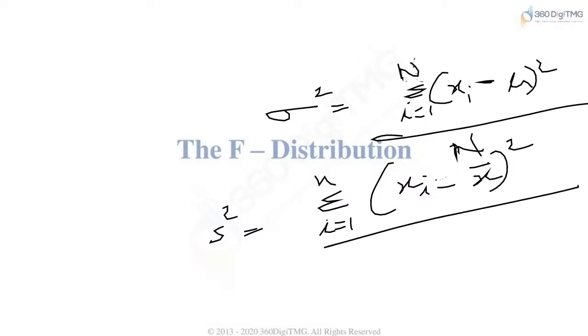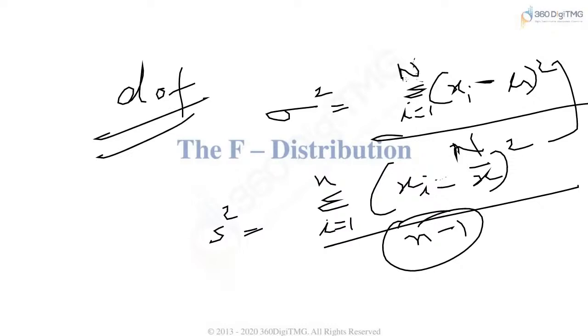Now, for the same formula you will have n, but in the sample it is not n, it is n-1. We do not divide it by the sample size, but we divide it by what is known as degrees of freedom. So this is an essential difference between population variance and sample variance.